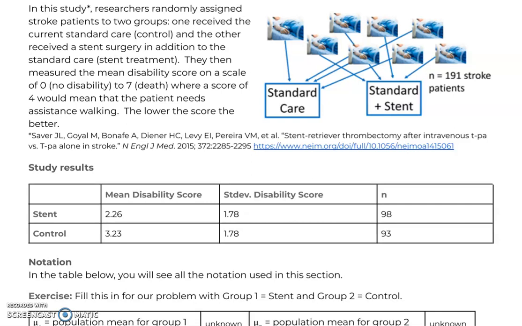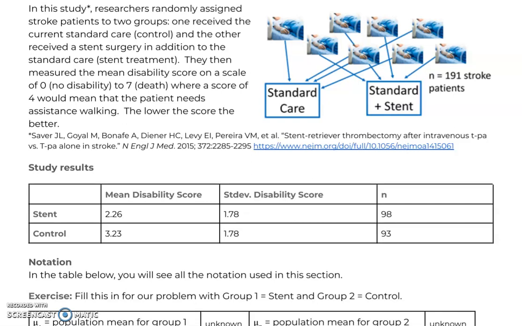So when we look at our results over here, we can see that our stent group has a mean disability score of 2.26 with a standard deviation of 1.78, and there were 98 patients in that group. Our control group has a mean disability score of 3.23 and the same standard deviation of 1.78, and there were 93 patients in the control group. So our sample data looks good.